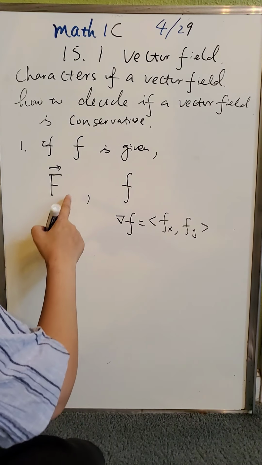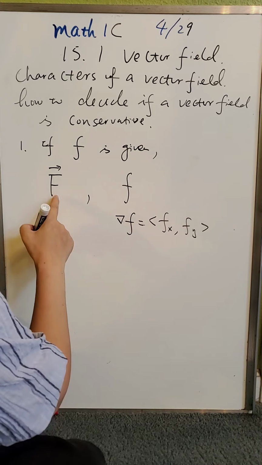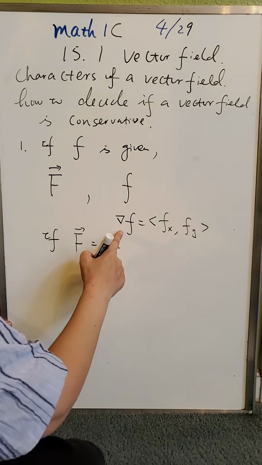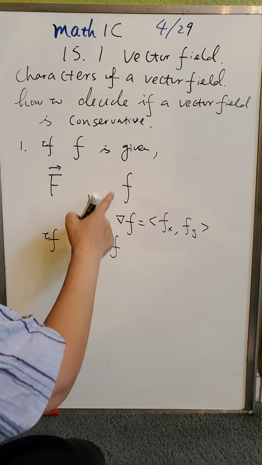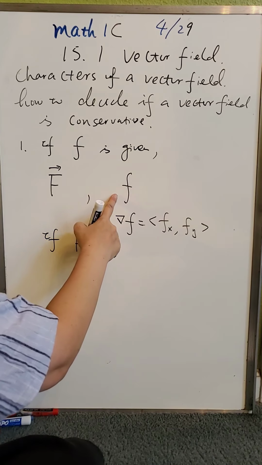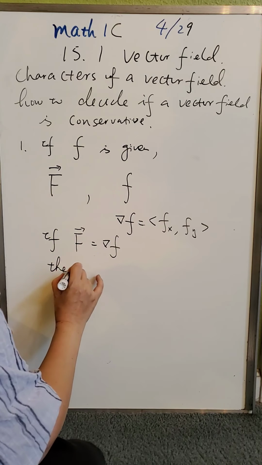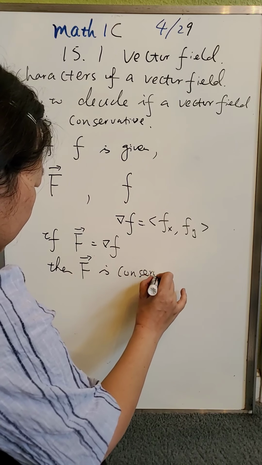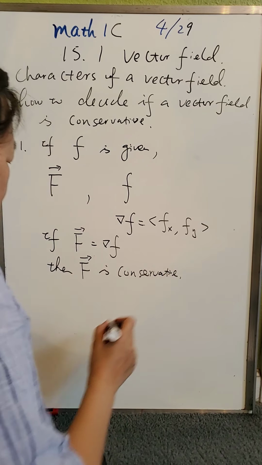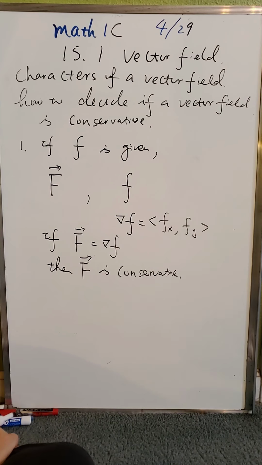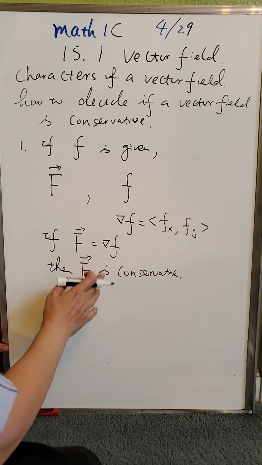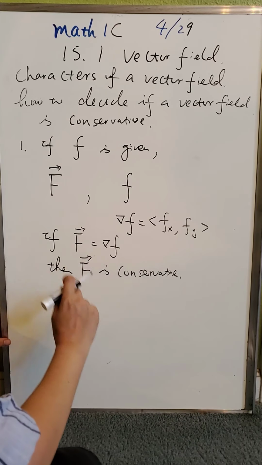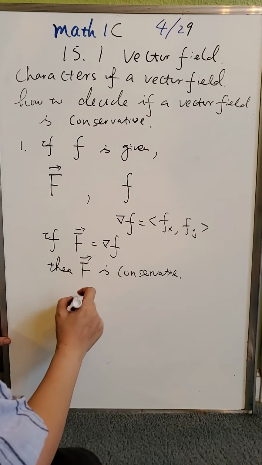If the vector field is equal to the gradient of some type of function, then F is conservative. In that case, this F is also called a gradient field.